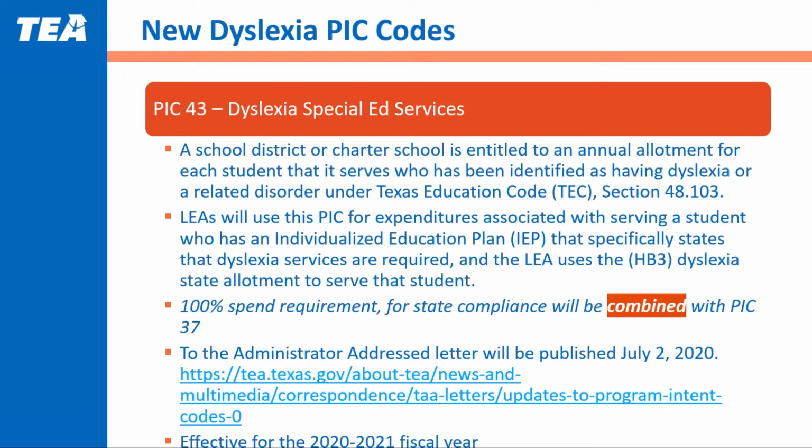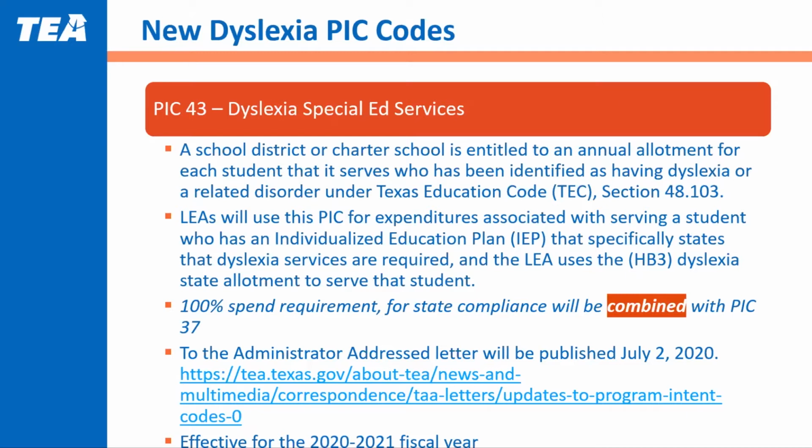So many of you know that you receive a state allotment of dyslexia funds now. And we originally created PIC 37 for that fund code, or for that PIC. But that was creating an issue with the special education services because you had to spend 100% for state compliance of the dyslexia allotment. But if you used it for special education, then you may have wanted to code those expenditures using the dyslexia allotment in PIC 23.